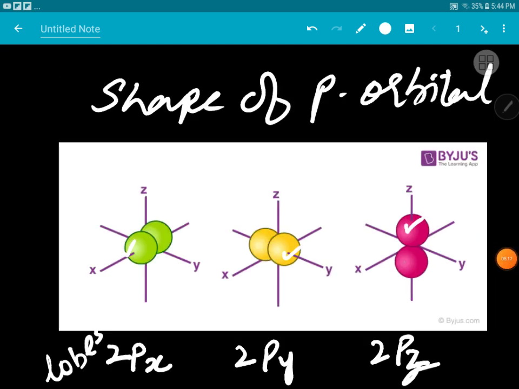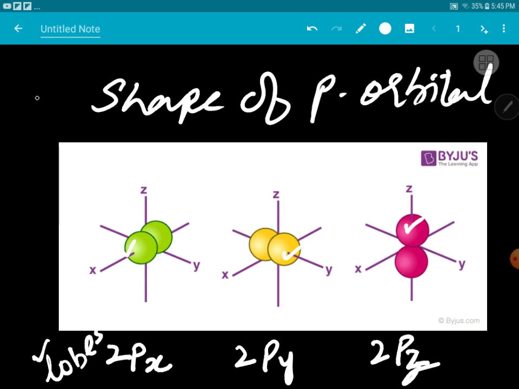Now we explain the shape of p orbitals. Each p orbital consists of two sections known as loops, which lie on either side of the plane passing through the nucleus.